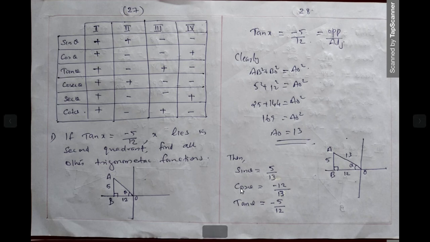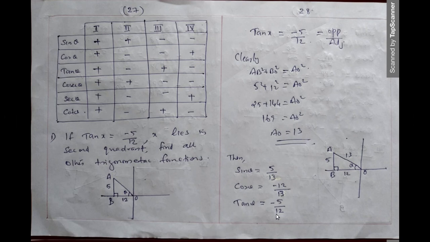And what about cos theta? Adjacent side by hypotenuse, that is 12 by 13. Here the adjacent side is pointing to the negative side, therefore it is taken as negative. That is why this is minus 12 by 13. Hypotenuse is always positive. And what about tan theta? Opposite side by adjacent side. Opposite side is positive, adjacent side is negative, therefore 5 by minus 12.